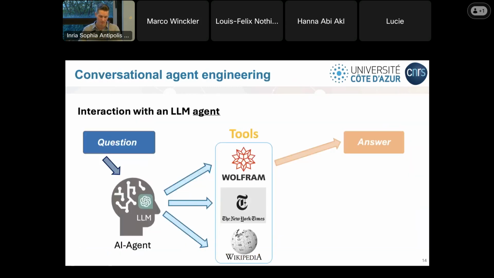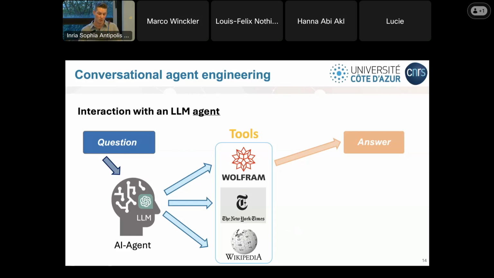And so you are probably familiar with the concept of agents. So agents are programs that use a large language model along with some instructions and external resources, for example, the New York Times articles, Wikipedia, Wolfram for mathematics, and will use these specific tools in order to respond to some questions relevant to the domain.